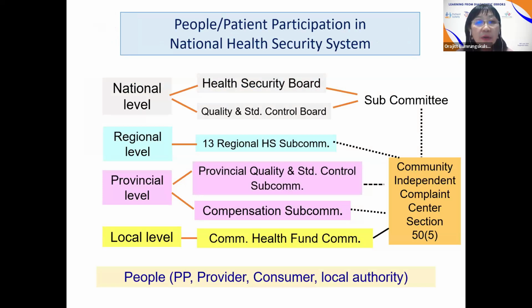At the regional level, we have 13 regions nationwide, and at the provincial level, they have the provincial quality and standard control subcommittee and the compensation subcommittee. This I will explain later.